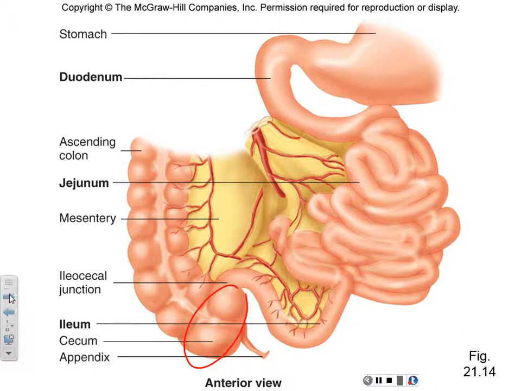The cecum and the vermiform appendix, which is this, they're both blind-ended tubes. Their function is really to counter the bacteria that colonize our gut, and they do quite a bit of things in the digestive system.